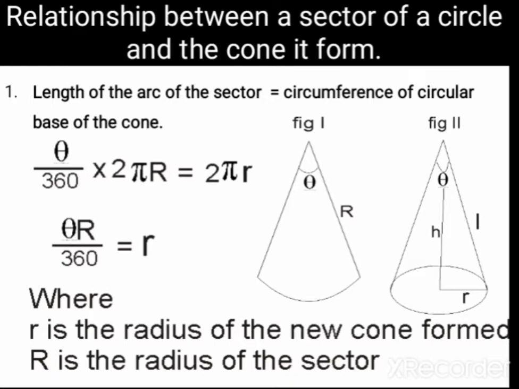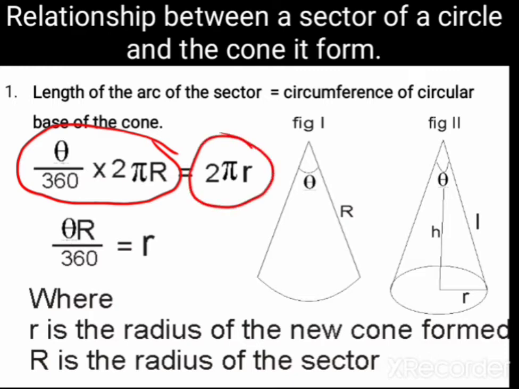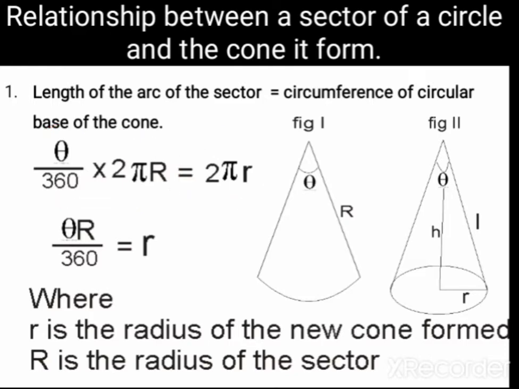The length of the arc of a sector is theta over 360 times 2 pi R, while the circumference of the base of the cone, the circumference of the circle, is 2 pi r. Is that clear? Let me repeat myself.